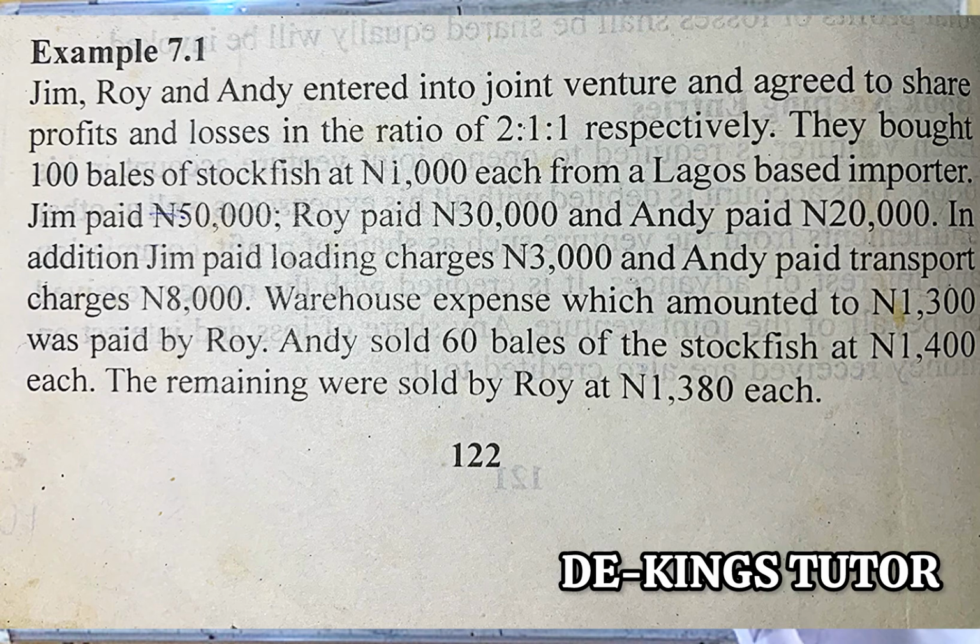They bought 100 bales of stockfish at 1,000 naira each from a Lagos-based importer. Jim paid 50,000, Roy paid 30,000, and Andy paid 20,000. In addition, Jim paid loading charges of 3,000 and Andy paid transport charges of 8,000. Warehouse expenses, which amounted to 1,300, were paid by Roy.